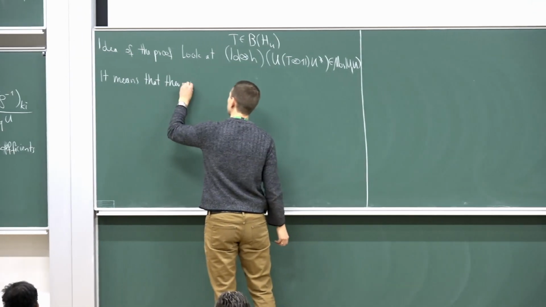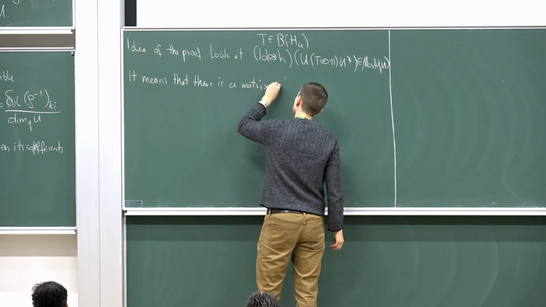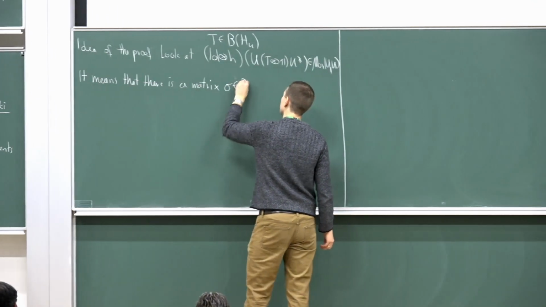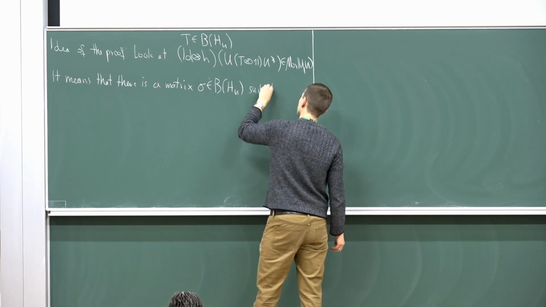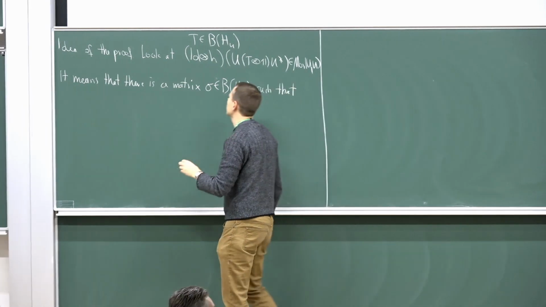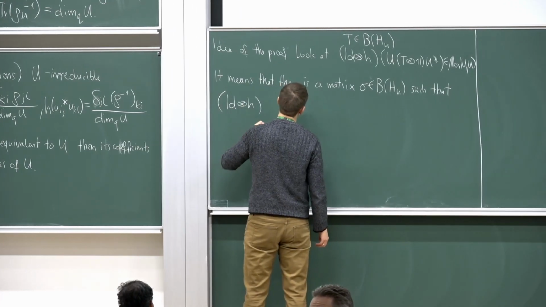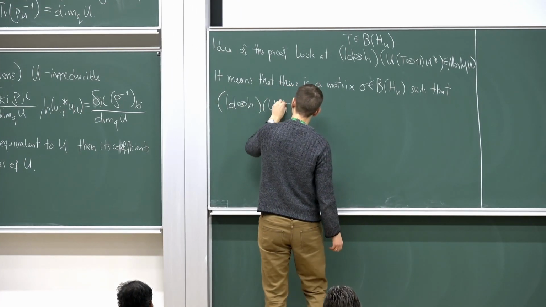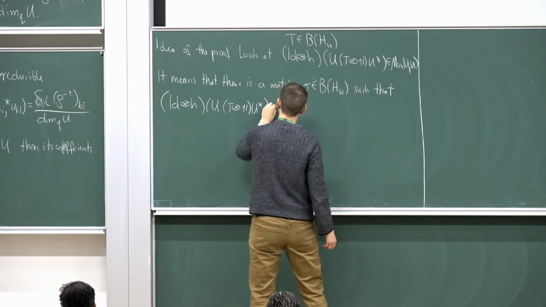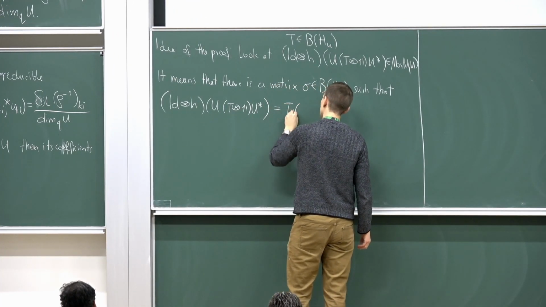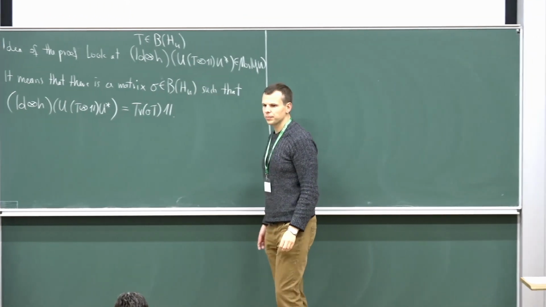So it means that there is a matrix, say sigma in B(H), such that this identity tensor h, U (T tensor 1) U star is equal to trace(sigma T) times the identity.